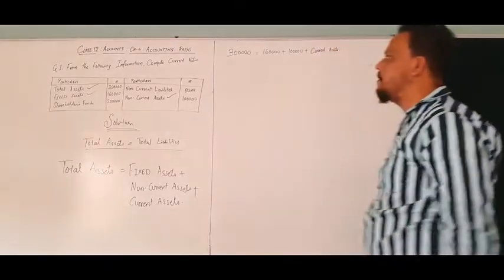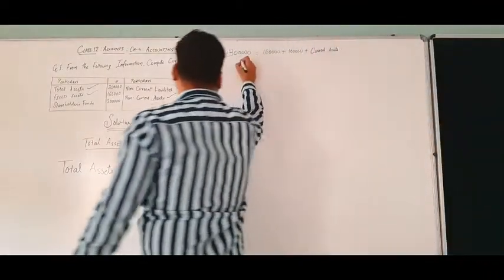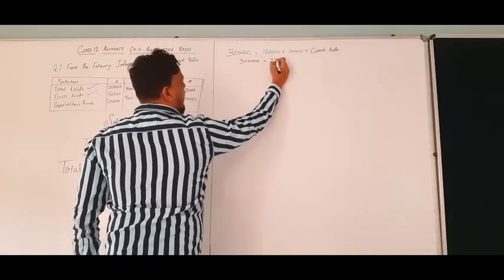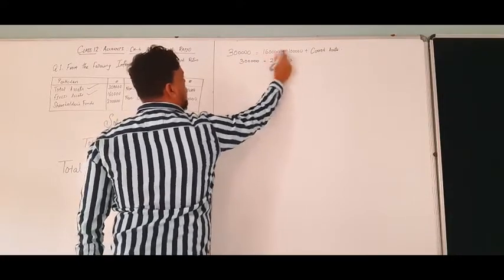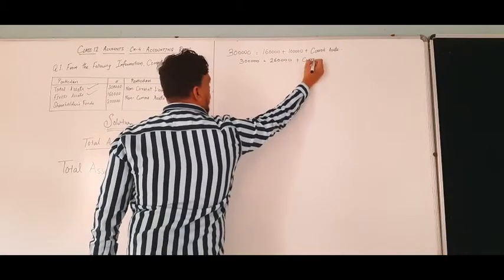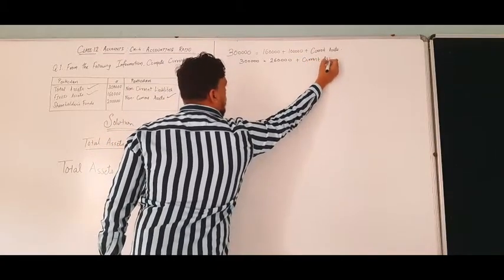So 3 lakh rupees is equal to 2,60,000, adding both, plus current assets.